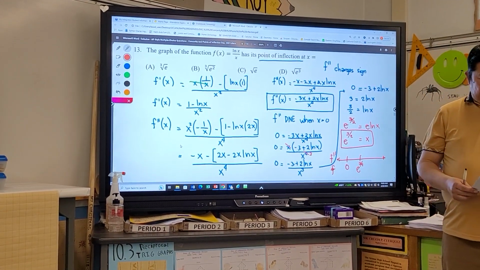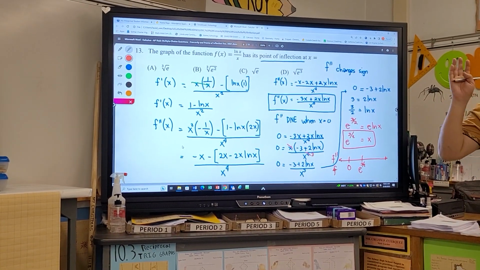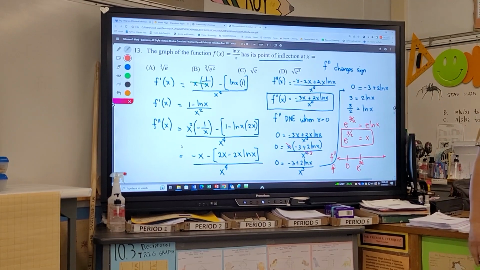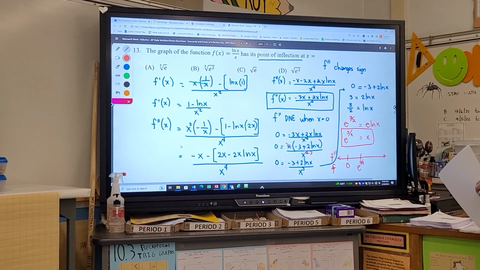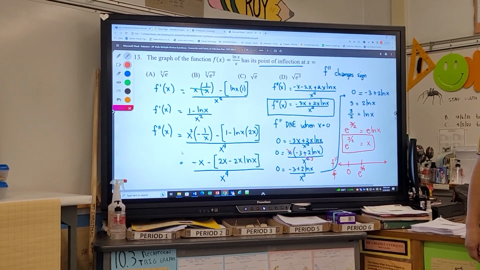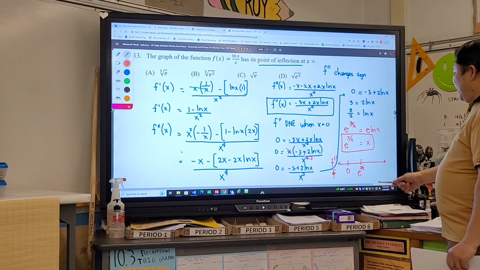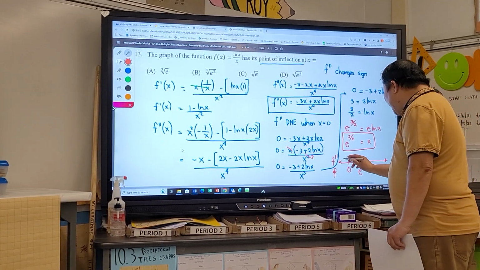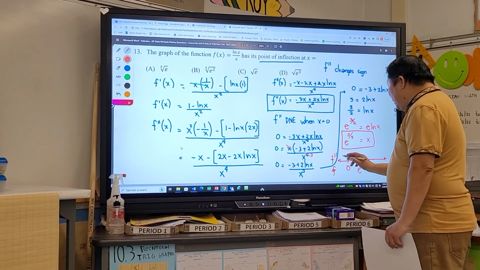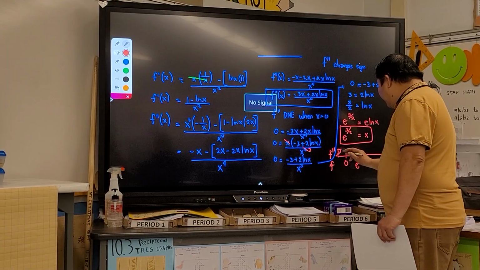So what do you think? To the left of 0. We say negative. Okay? Since 0 does not exist, to the left of 0 also does not exist, DNE.